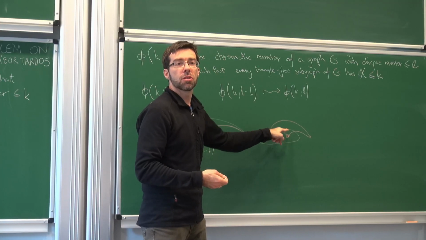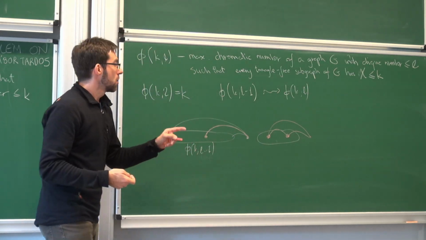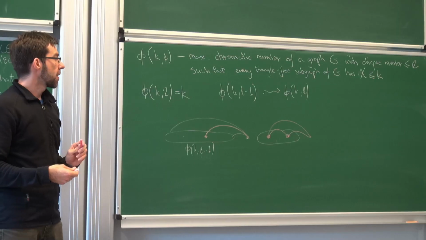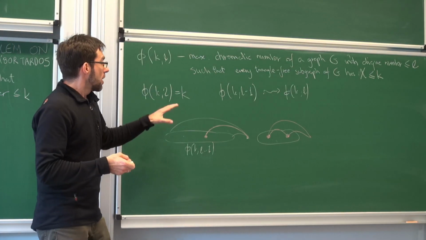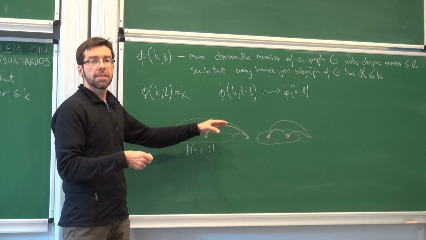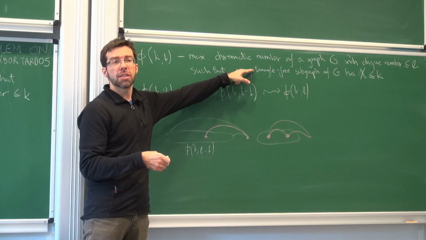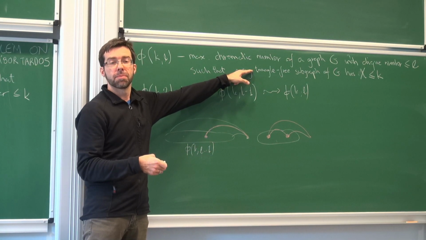So that was not a proper coloring of the back neighborhood. Okay. Therefore, the subgraph which consists of the edges in any single color is triangle-free. So by our assumption, it has chromatic number at most k.